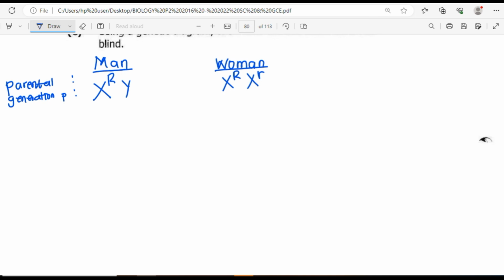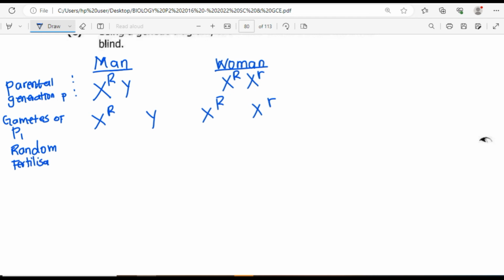Then we can separate, and we say gametes of P1. From there, we are going to have random fertilization. Random means we don't know which chromosome will meet with the other one, the gamete.